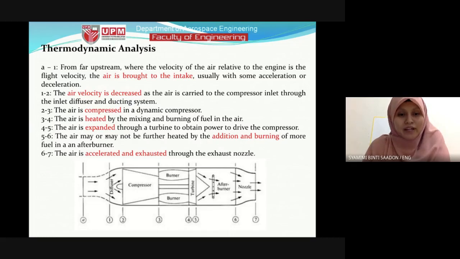4 to 5, the air is expanded through a turbine to obtain power to drive the compressor, like I've said just now. So the air will expand in the turbine, the pressure and temperature decrease, and then it will produce power.